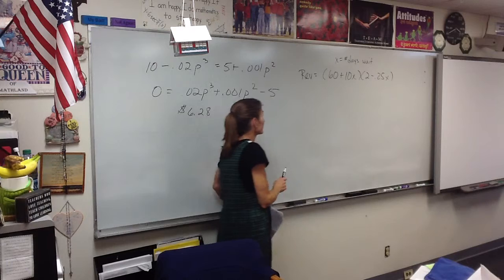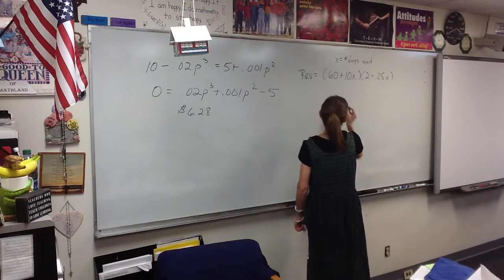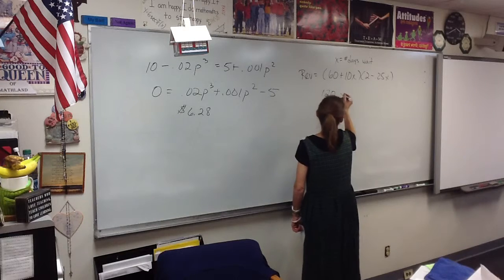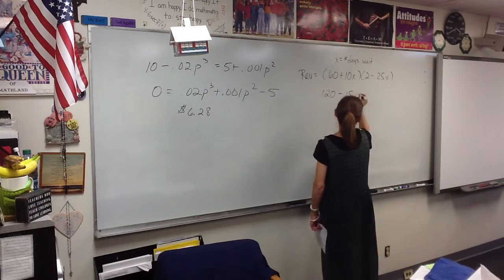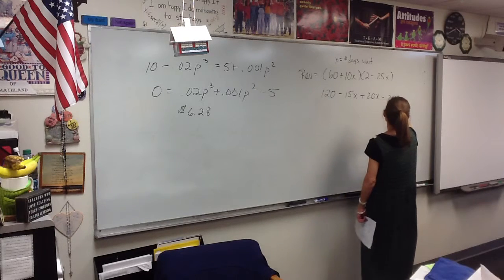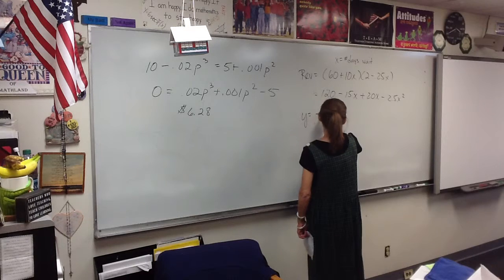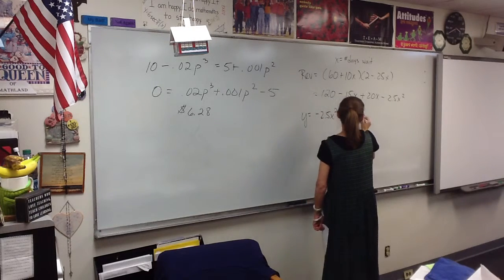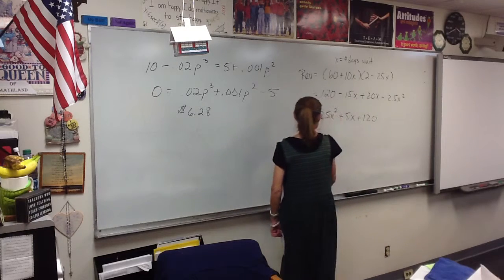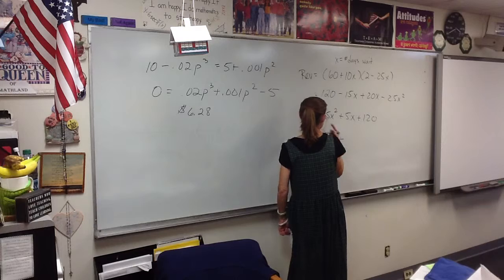You want the maximum. So how do I go about finding the maximum? Foil it out. Hopefully foiled correctly. And then what? On the maximum, x equals negative b over 2a.